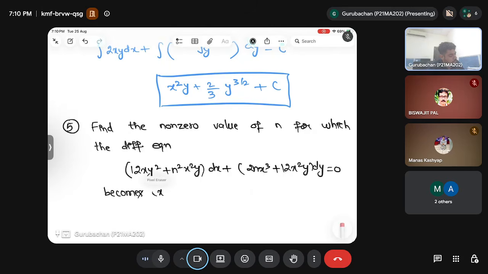So we need to tell the value of n for which your given equation becomes exact. So you need to calculate the value of n. Try this one.